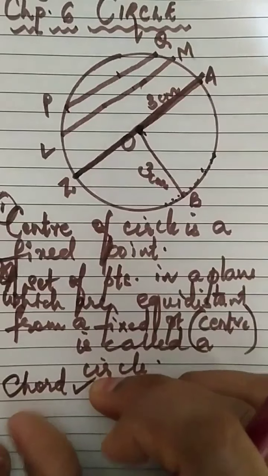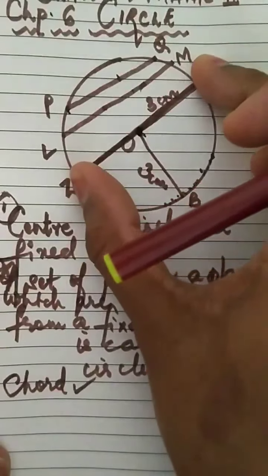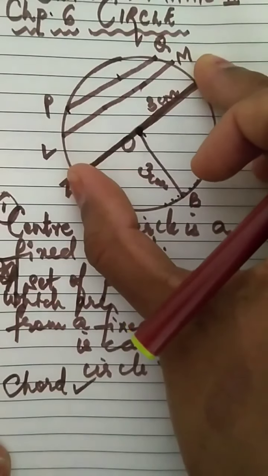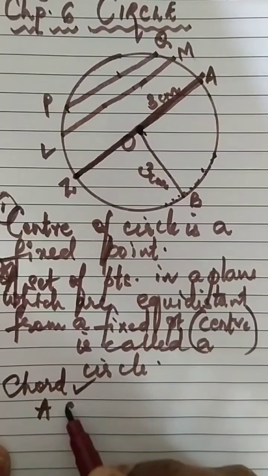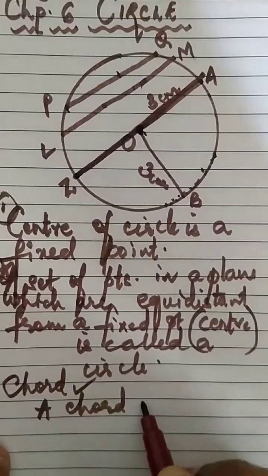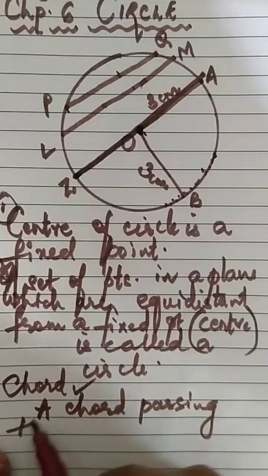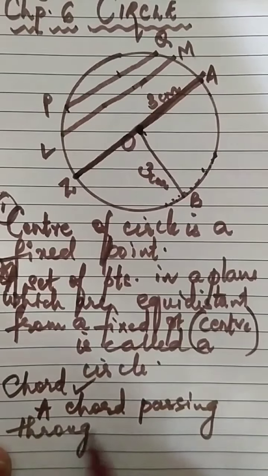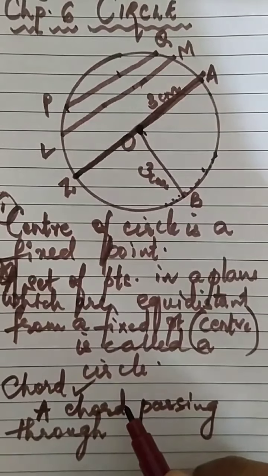what is meant by a chord. As I told you, what is a chord? The segment joining any two points of circle is called as chord. What is a diameter? A chord passing through the center of circle. A chord means a segment which joins any two points on the circle.